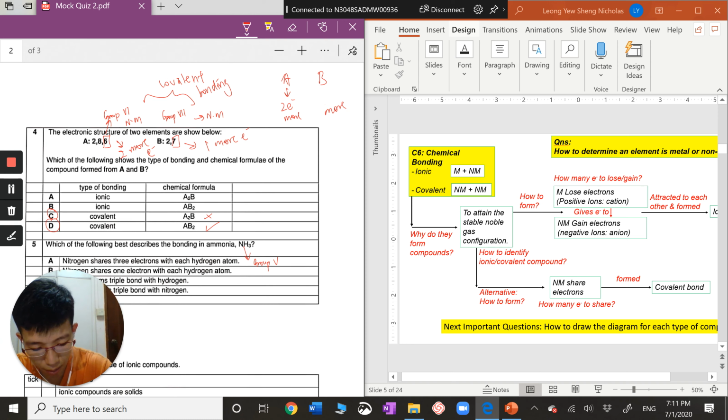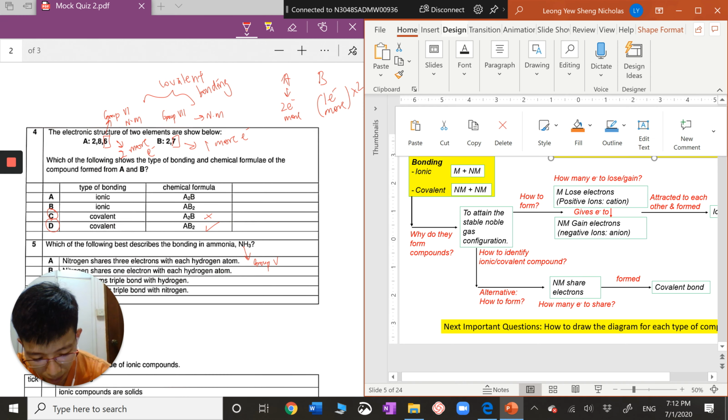When one shares 2 electrons, the other must also share 2 electrons. If one shares 1 electron, the other must also share 1 electron. We always take the smallest number and multiply to get the lowest common multiple. So in this case, I just need to times 2.